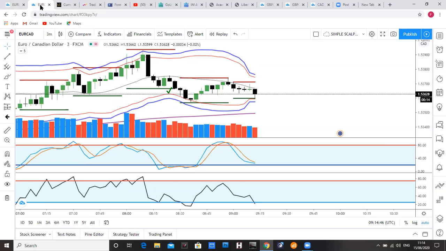So let's just watch that condition meet. The market is a little bit not settled this morning. You know, today is a Monday morning, so the market is not settled.